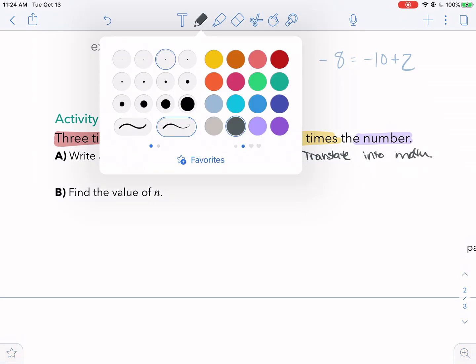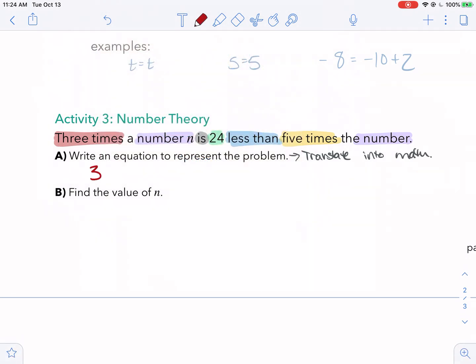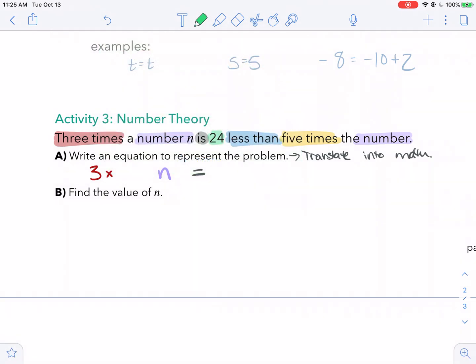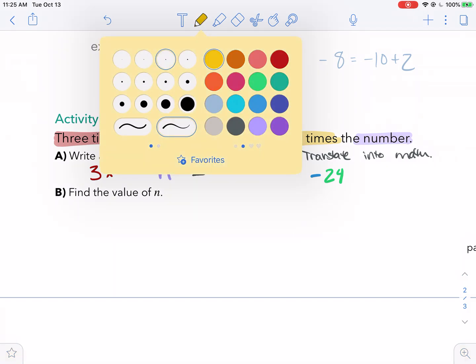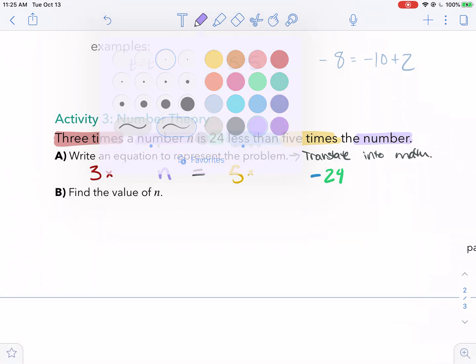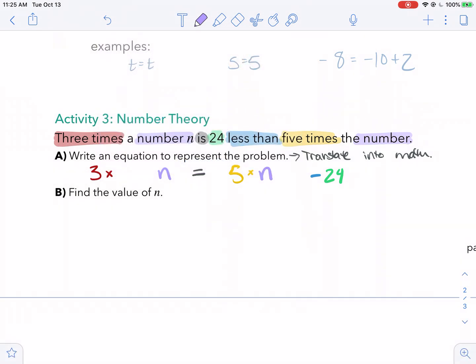Okay, so when we have this 3 times some number n, we just write 3 times n, and that means equals. 24 less than means you take whatever that is and then you subtract 24 from it. 5 times that number is 5 times whatever that same number, we said that number was n, is.